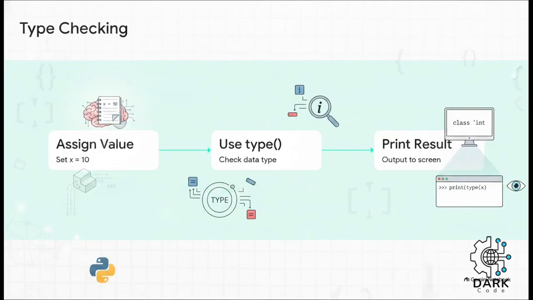Okay, so we know what we put in the box, but how can we actually prove that Python understands what kind of data it's holding? Well, we can actually peek inside Python's brain by following three really simple steps. Step 1, we assign a value to a variable, just like we've been doing. Let's say x equals 10. Step 2, we use a special built-in command called type. And step 3, we print that result out so we can actually read it.